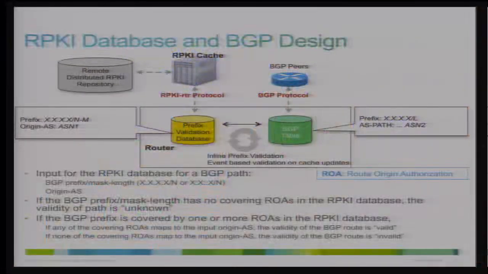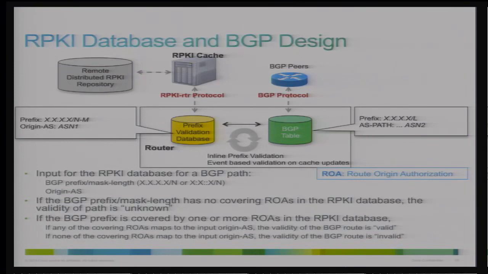So here's what the infrastructure looks like. The middle one is a router. The router will have two different things: there is a BGP table and the BGP protocol itself, and there is the RPKI infrastructure, which checks the validity of the specific prefix, the origin validation of the prefix.